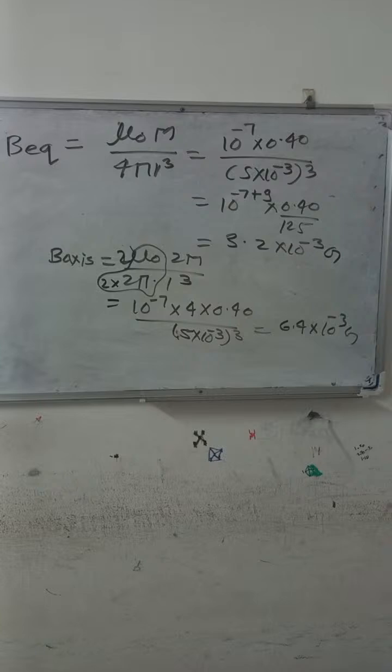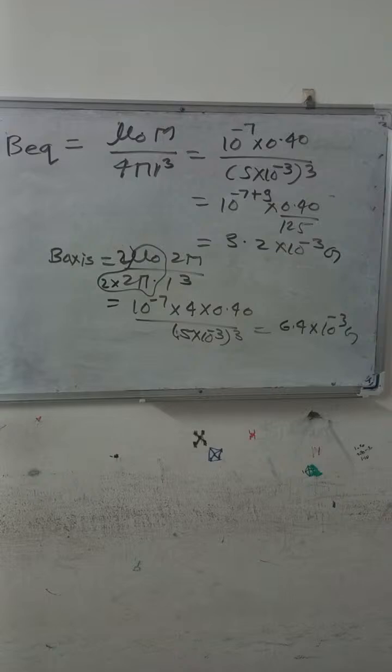Write down. A closely wound solenoid of 800 turns and area of cross section 2.5 into 10 raised to minus 4 meter square carries a current of 3.0 ampere.